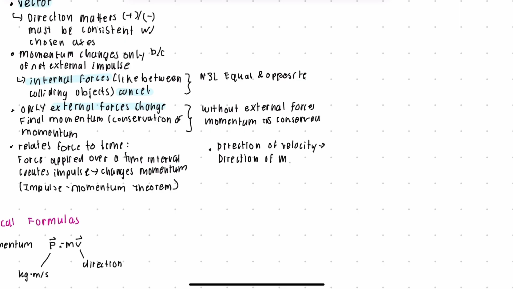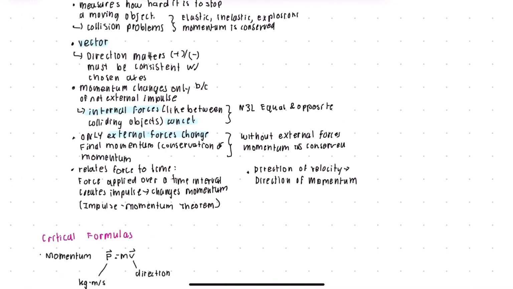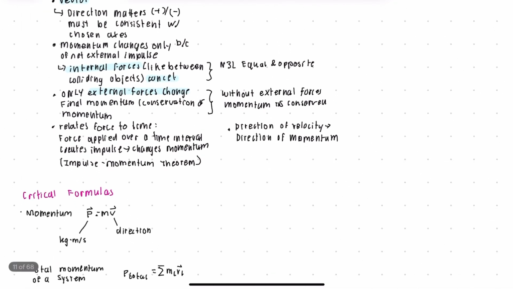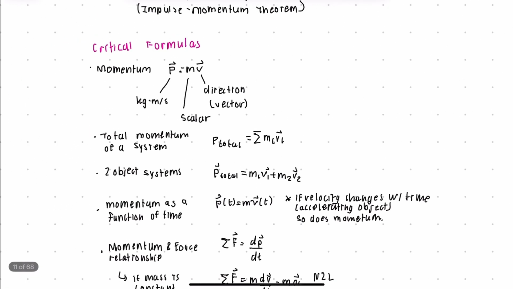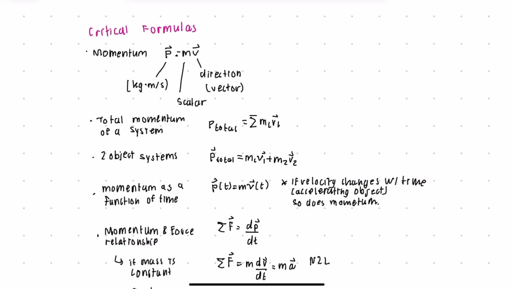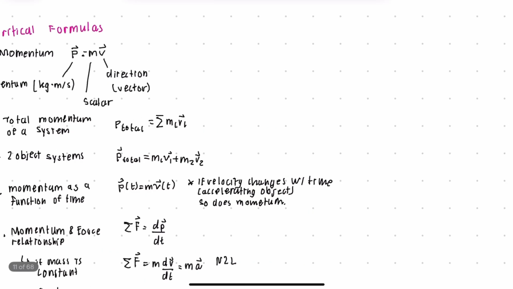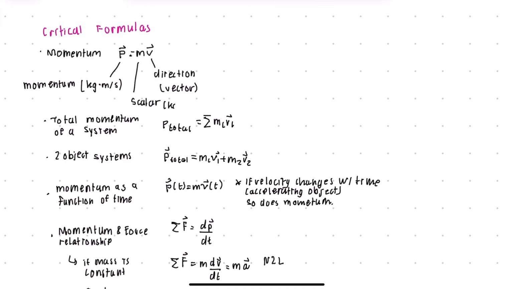When you multiply mass times velocity to get momentum, velocity is the only vector, and mass is always a scalar, so you only pay attention to the positive or negative sign of the vector. And momentum is in kilograms times meters per second. Mass is just in kilograms.